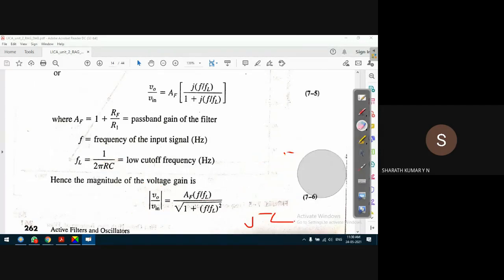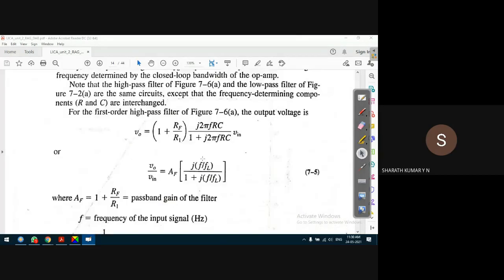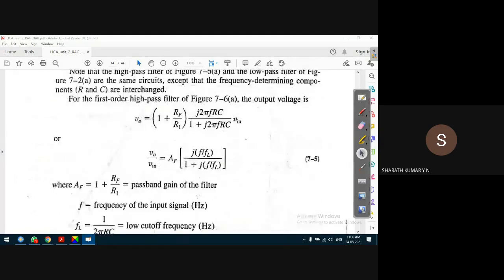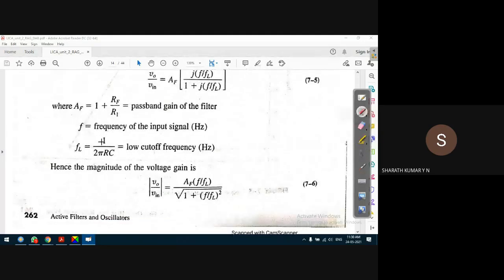If R and C are not fixed, as shown in this diagram, R is a variable. As we understood in the last class, usually C is kept as a constant value and will not be used as a variable. Resistance can be used as a variable. So as the resistance varies, FL varies.